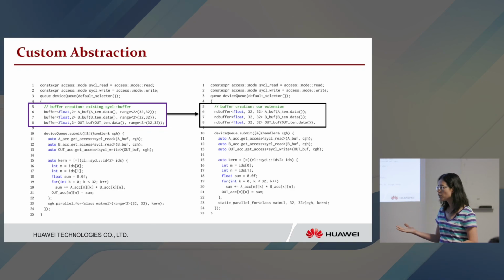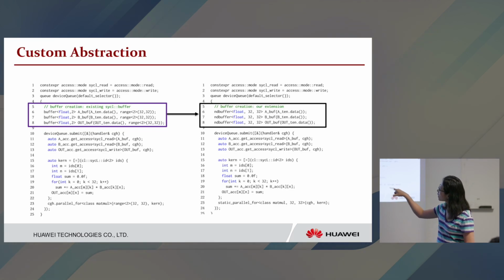It also has USM, but for this example, we use SYCL buffers. On the left is a 2D SYCL buffer. It's all nice and good. However, you notice that the shape of the buffer, which is the range 32, 32, is static and known at compile time, but it's known on the host code side.